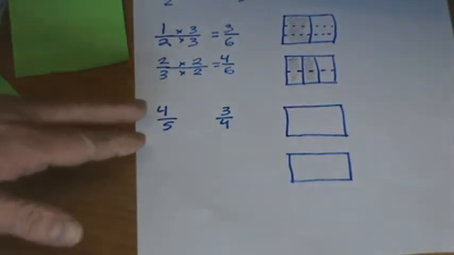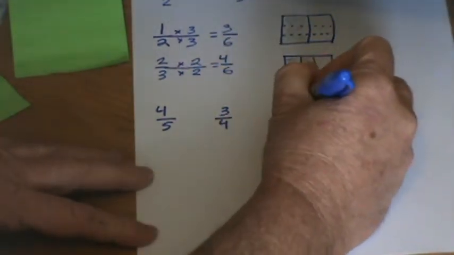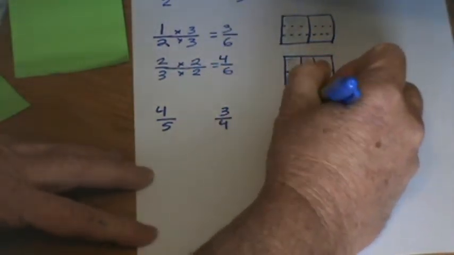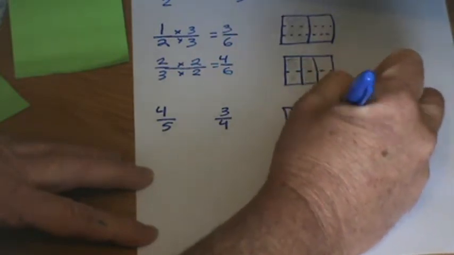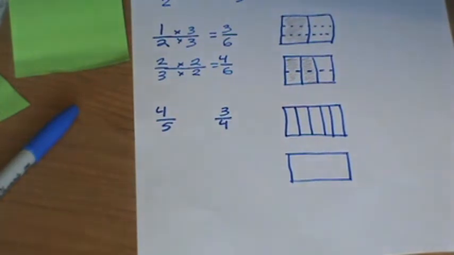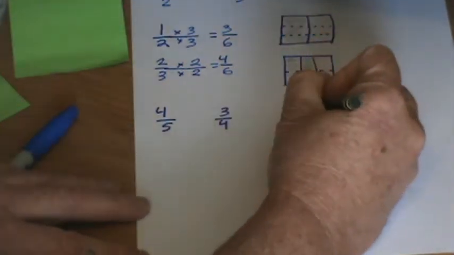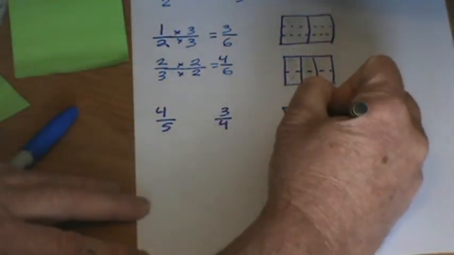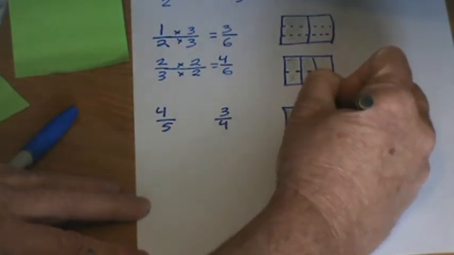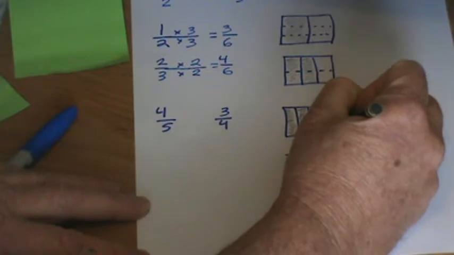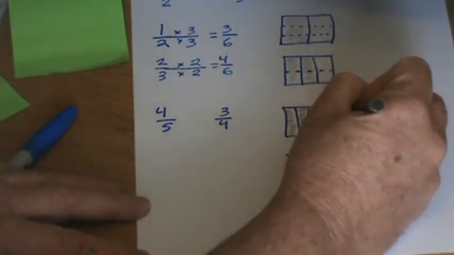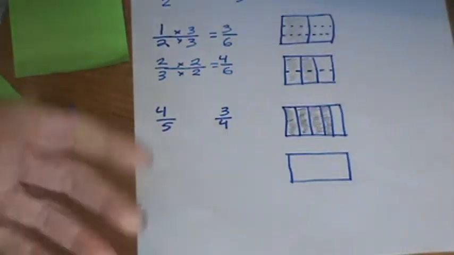We're going to make one of these 4/5. 1, 2, 3, 4, and 5. I'm going to shade in 4 of these. Okay, there's my 4/5.